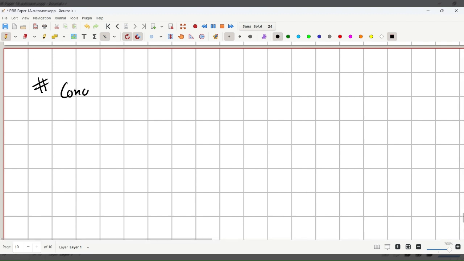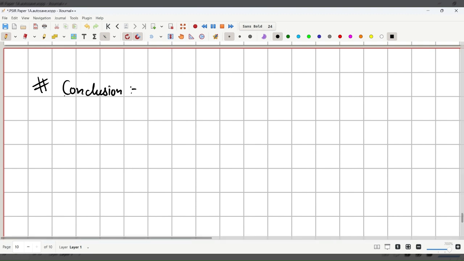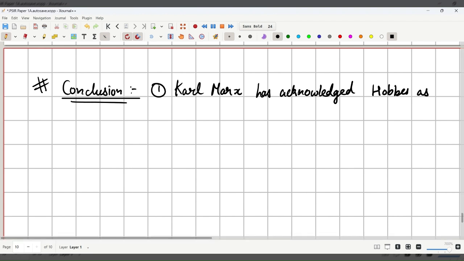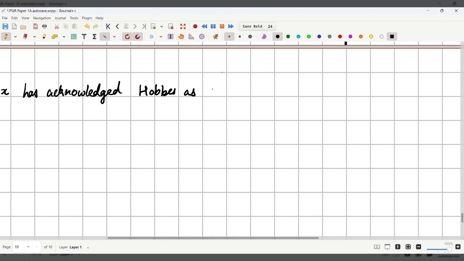So conclusions. So first, Karl Marx has acknowledged Hobbes as the father of all of us.